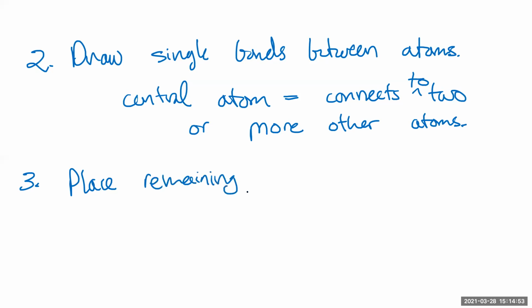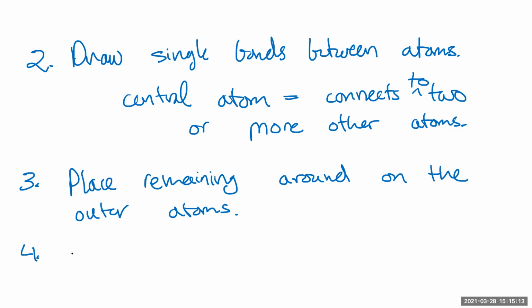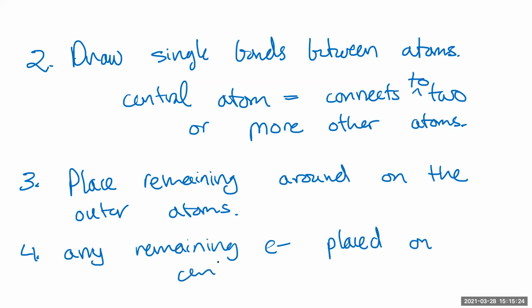So take those remaining valence electrons that are not accounted for in the single bonds you've drawn around on the outer atoms. So the outer atoms first, you place electrons first on the outer atoms. Then, if there are still any remaining electrons, those remaining electrons are then placed on the central atom. So you fill outside in, pair of electrons onto each atom.